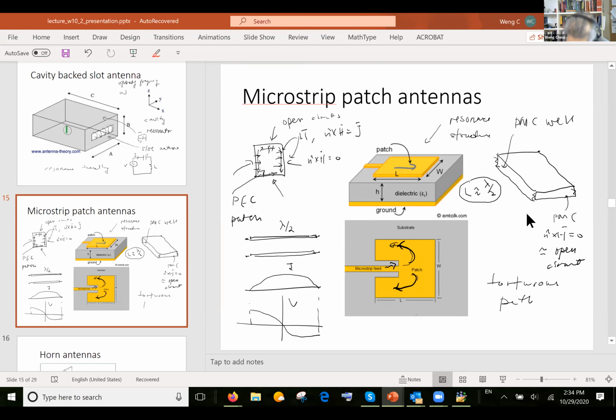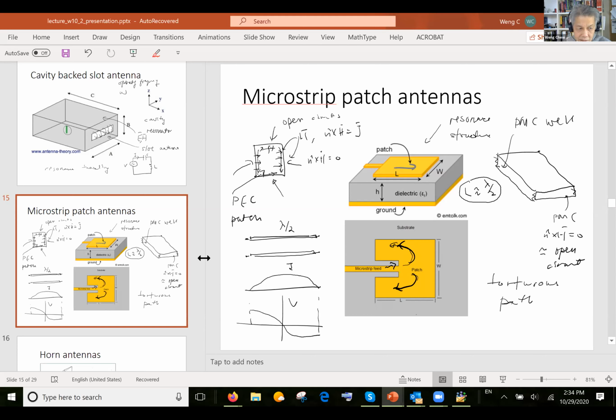Okay, you're forcing the current to flow through a tortuous path. And if this path is lambda over 2, then this structure would also resonate, and you can use resonance tunneling to get this antenna to radiate. Wow.